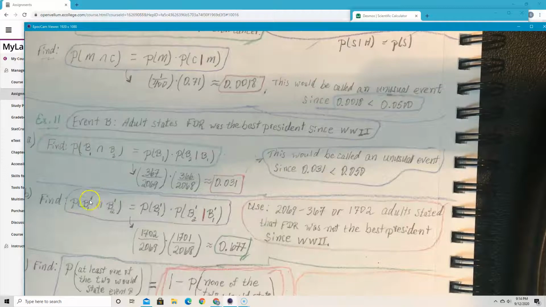So B prime, B complement, would be the complement of this, which is the other part, the ones that are not this, the adults that are not in this group. So what adults would not be in this group? They would be the adults in this survey group that stated FDR was not the best president.